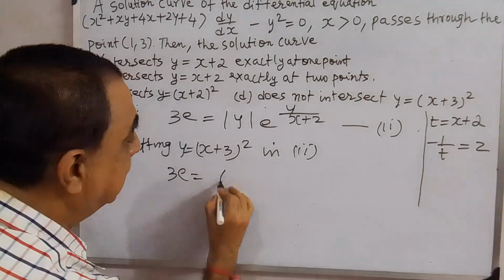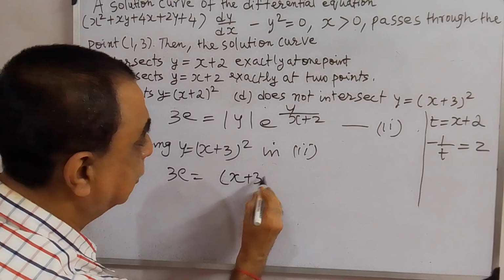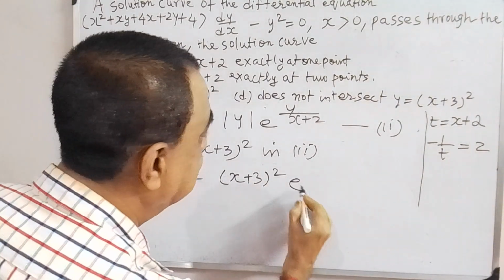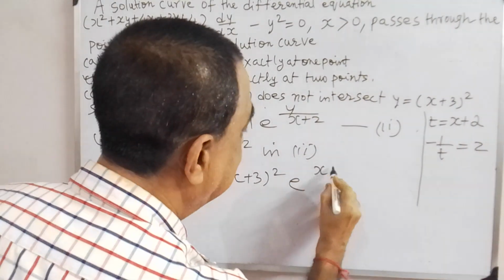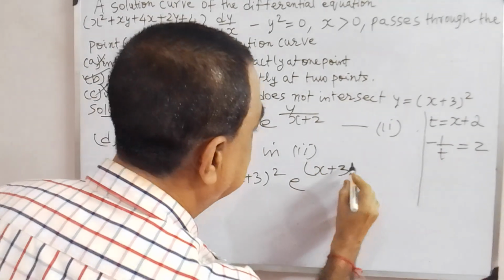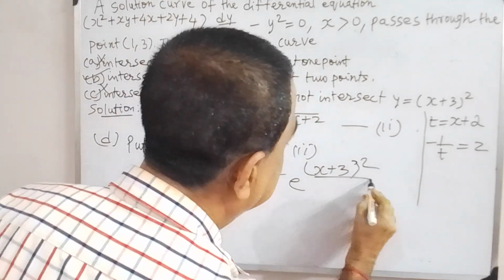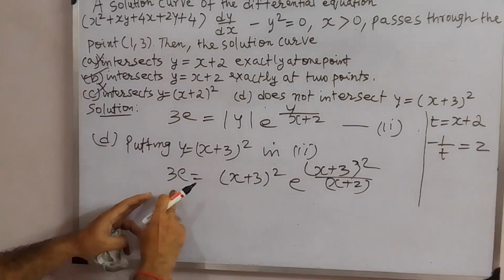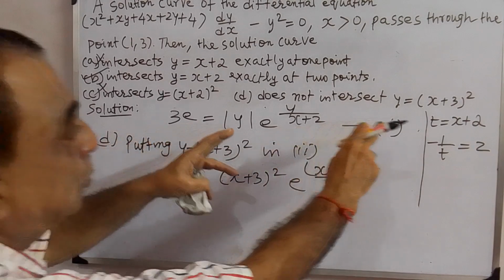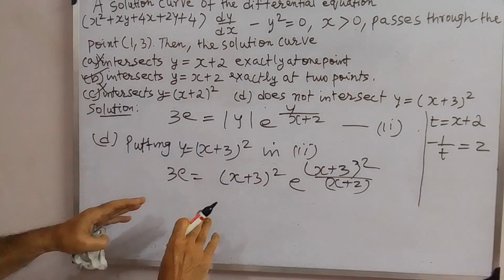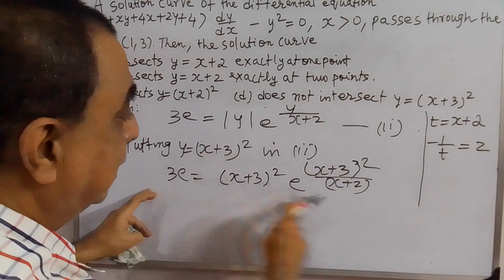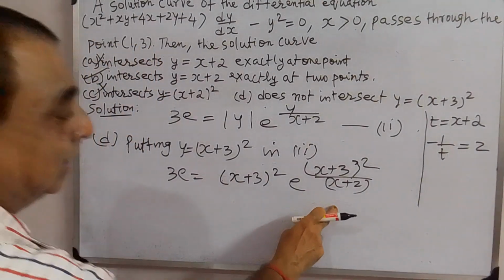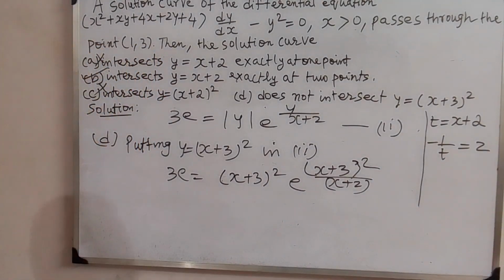So this will be out of the mod sign, x plus 3 whole square, and here for y I am putting x plus 3 whole square divided by x plus 2. If this equation is satisfied, that is, if they intersect, then the left hand side and right hand side of this equation should be equal.